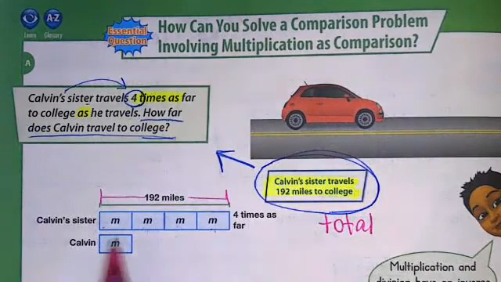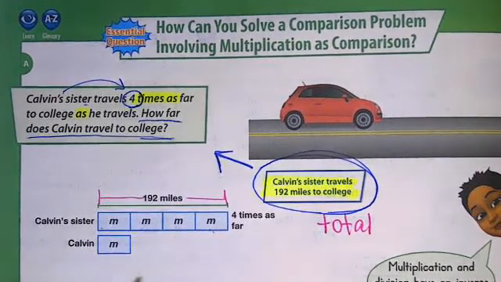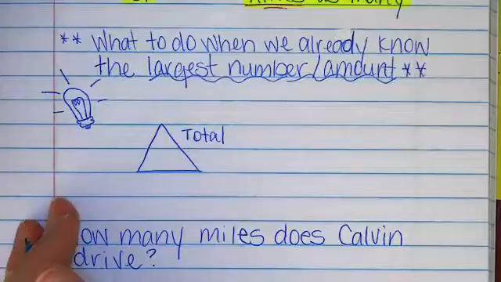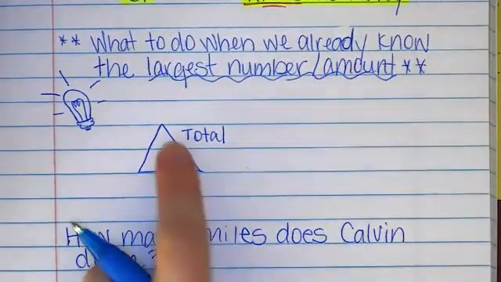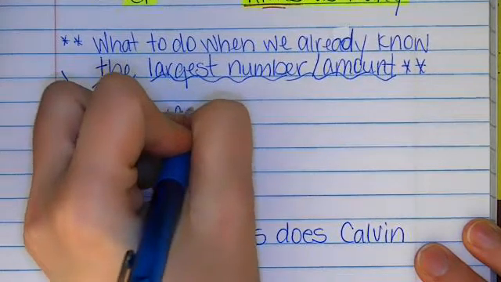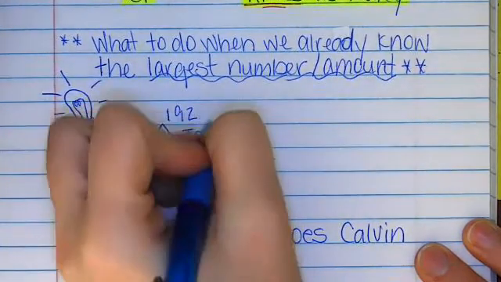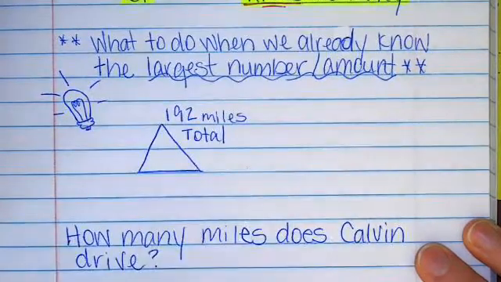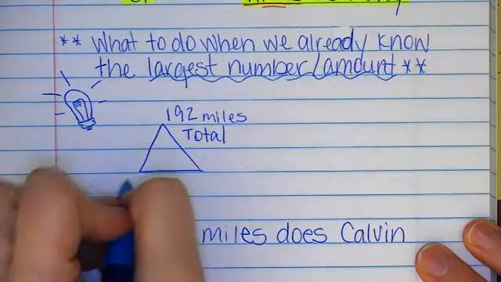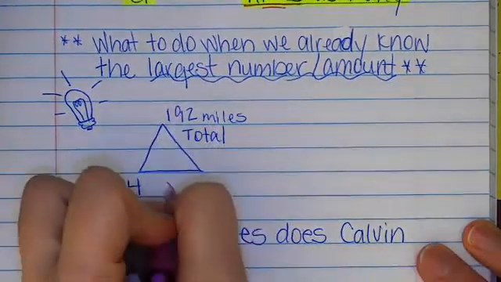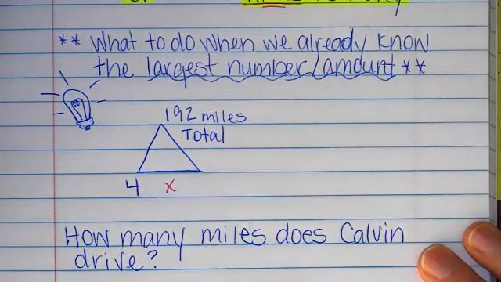So instead of multiplying per se, we're going to use our knowledge of fact families and flip it into reverse. In our story problem, it told us that the total amount that the sister drove was 192 miles, and that she drove 4 times as much as him. So 4 times as much as Calvin.